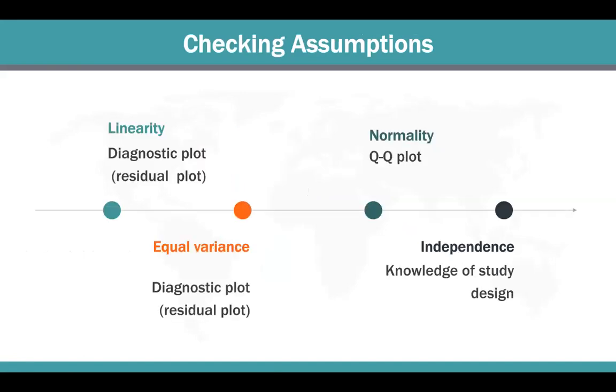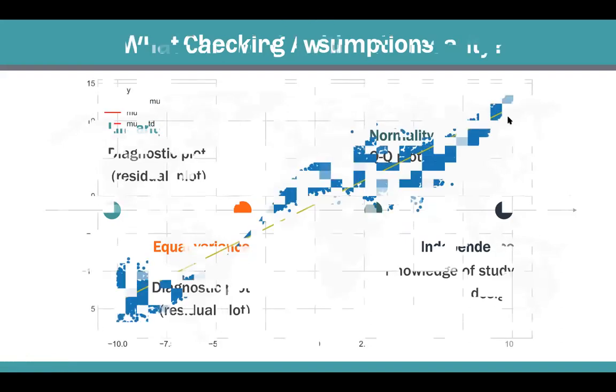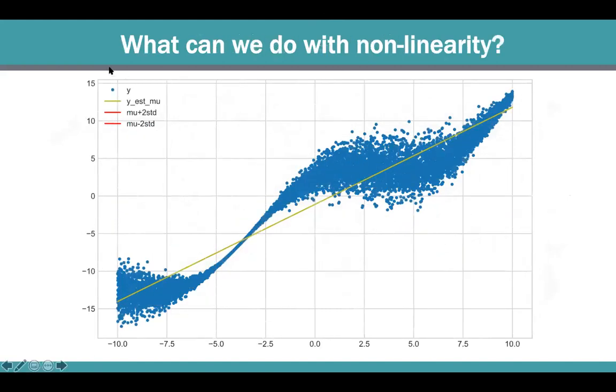So we use a diagnostic or residual plot to check the linearity and the equivariance assumptions. Independence is checked through knowledge of study design, and normality is assessed by using a QQ plot. I will show you an example of how to check the linearity later.